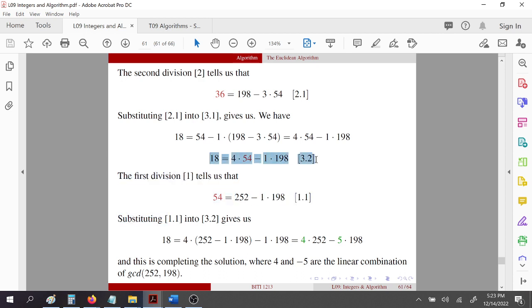The reason is this one contains GCD and B value, and this one contains the A value only. If we mix it, then we can show all the values. You see, we can show the GCD value, the A value, and the B value. So that's why we mix it like this, and then finally we can show the GCD value, A value, and B value inside our equation.